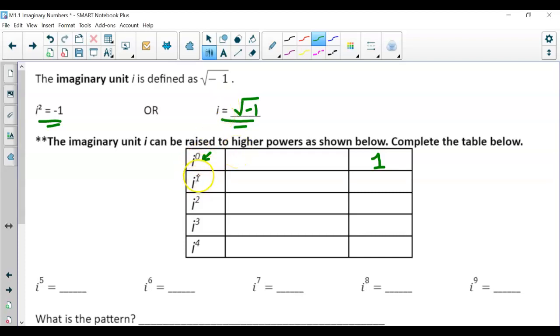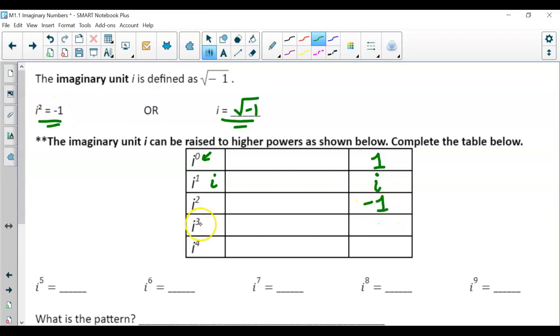We just talked about i to the 1, because remember, i to the 1 is just i. Well, what's i? The square root of -1. So here, i to the 1 is just i. Now, i squared is -1.